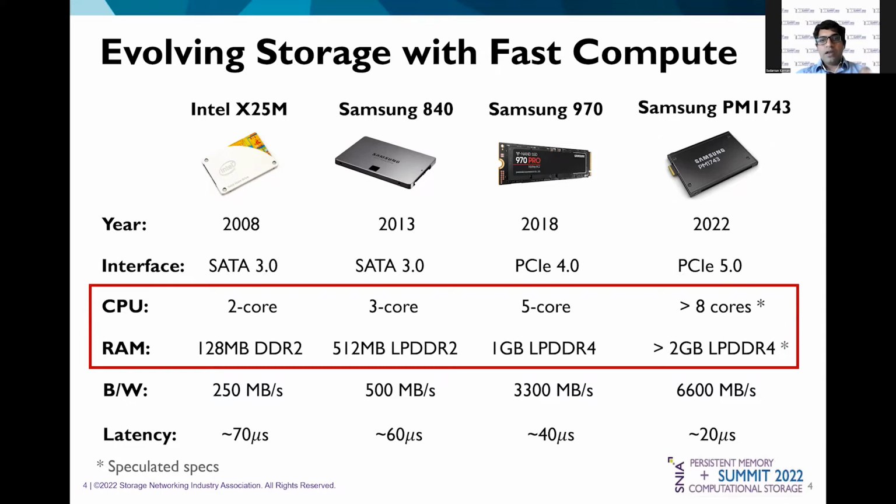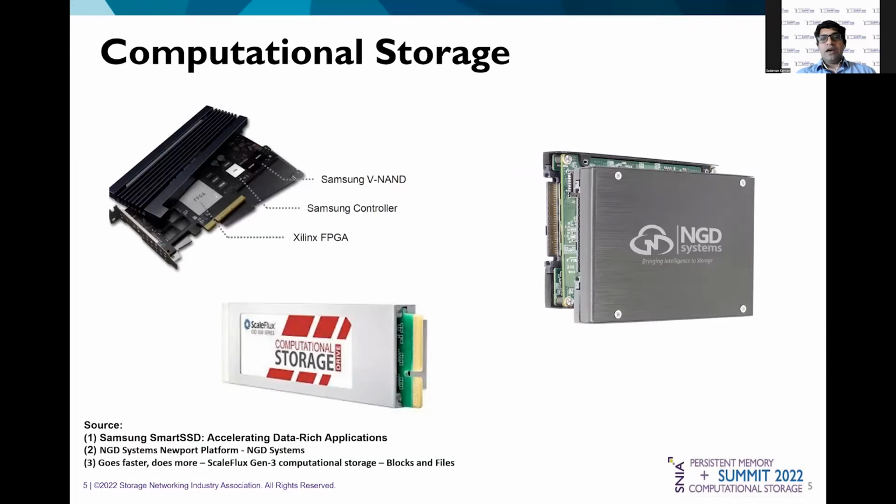Beyond normal basic block storage, if you see computational storage devices, their computing capability is quite high. Now, one opportunity is to run new types of computation. But the question is, can we use this computation to reduce the I/O overheads in traditional applications also? And what are the opportunities?